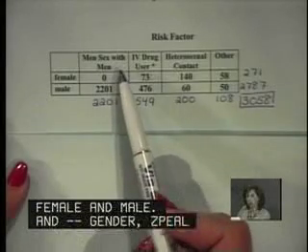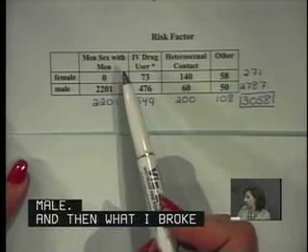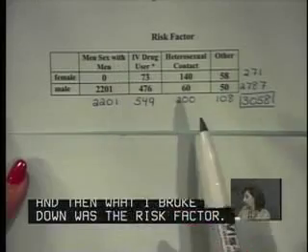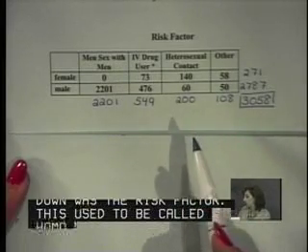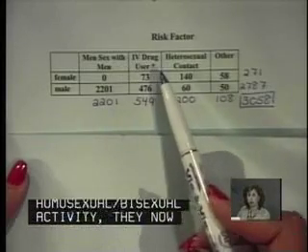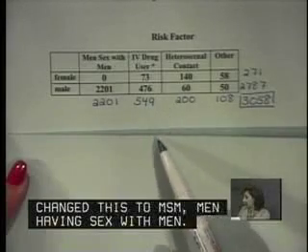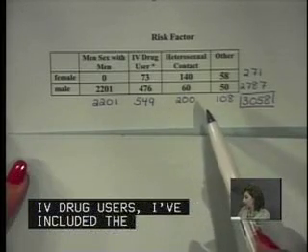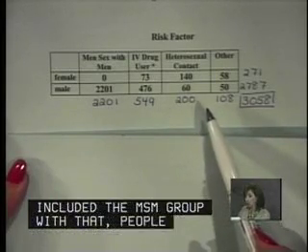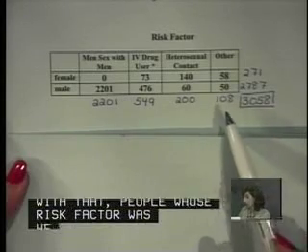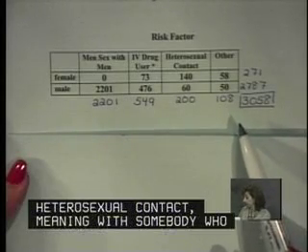This used to be called homosexual bisexual activity, but in this latest report they changed it to MSM, which is men who are having sex with men. Then IV drug users, and I've included the MSM group with that. Then people whose risk factor was heterosexual contact, meaning with somebody who had AIDS, and all the others together here.